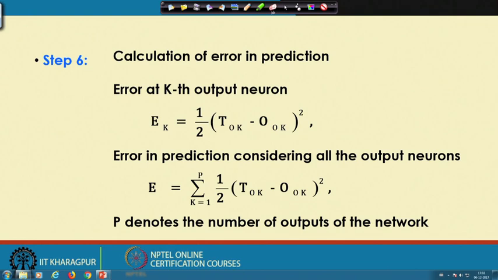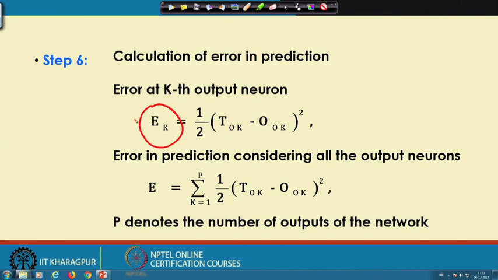Now, before I proceed further, let me discuss one more thing. Supposing that I am getting some error here on the output layer, let us investigate why we get this type of error and who is responsible for it.